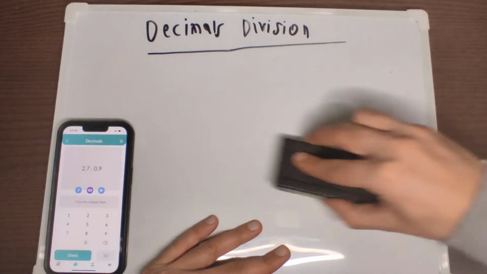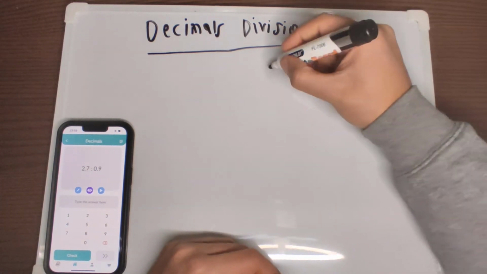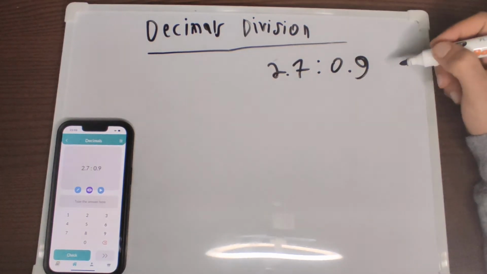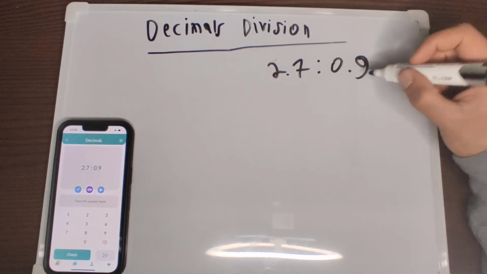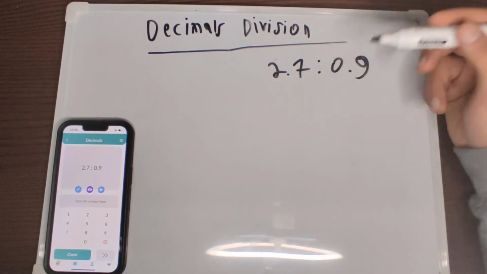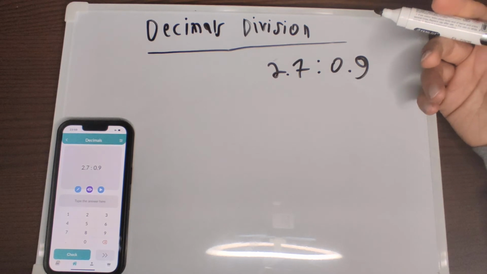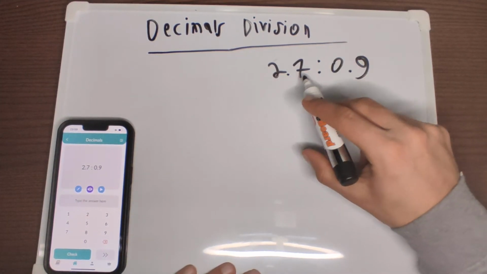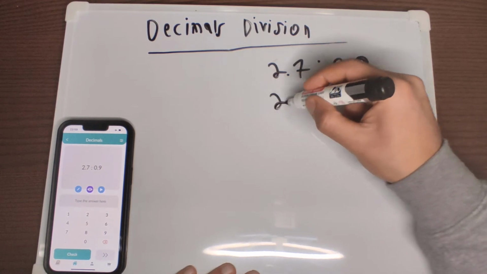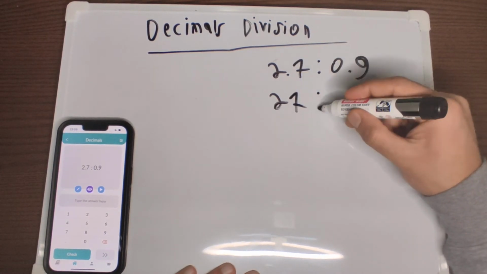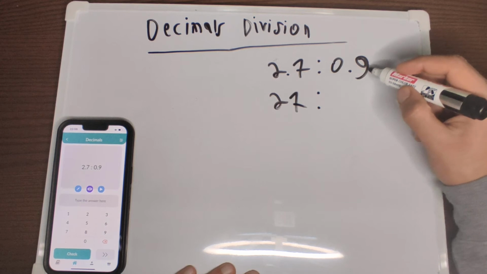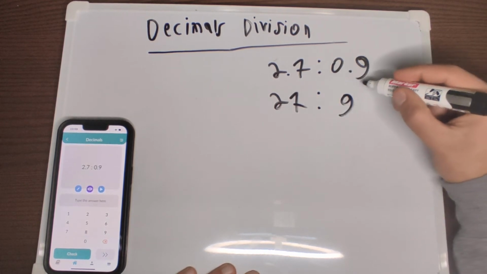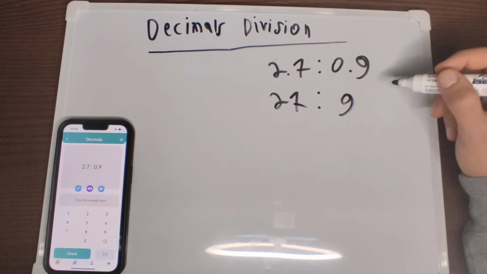So let's get back to our exercise. 2.7 divided by 0.9, and I want to multiply both numbers by 10 because I can do it. As you have seen, it will stay the same exercise. So 2.7 times 10 is 27, and 0.9 times 10 is 9 because the decimal point moved one place to the right.